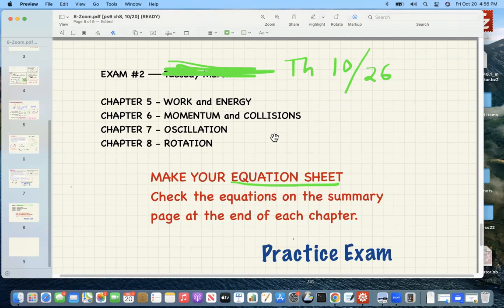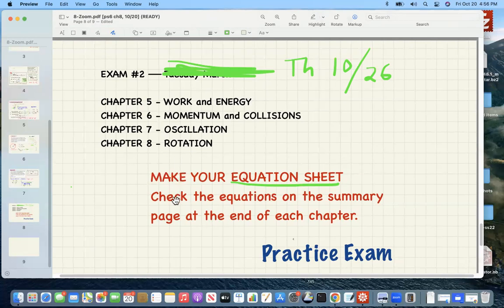So you can use a new equation sheet for these four chapters, 5, 6, 7, 8. And the questions will be from these four chapters, 5, 6, 7, 8. So there'll be questions about work, energy, momentum, collisions, oscillations, and this most recent chapter, rotations. You need to have equations from all those chapters.